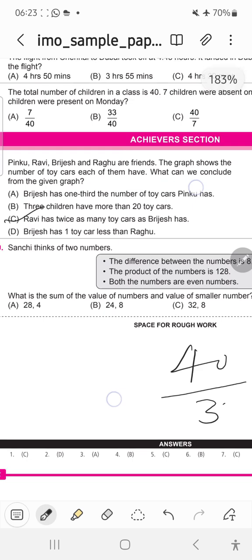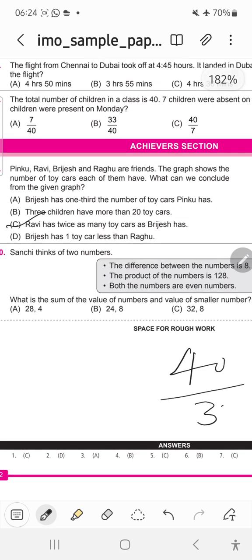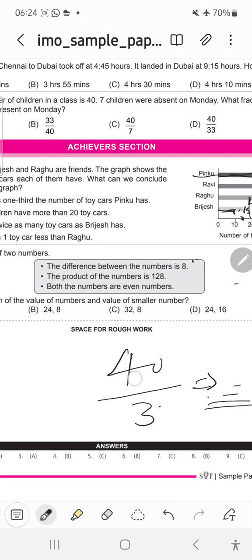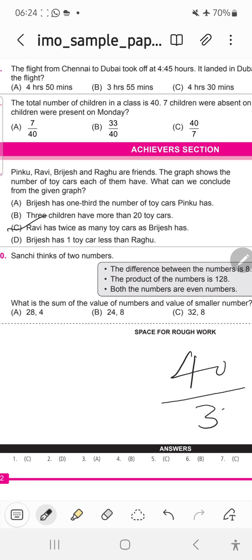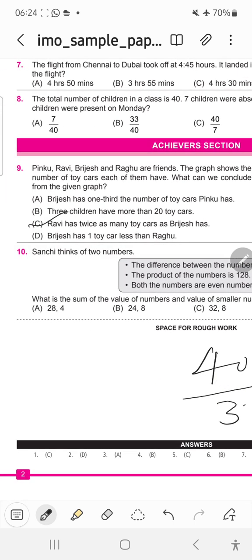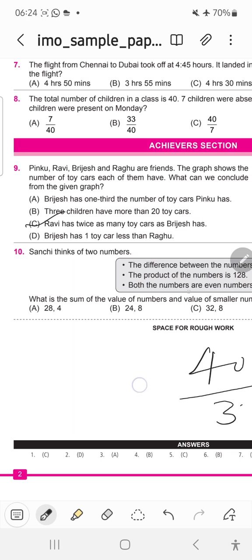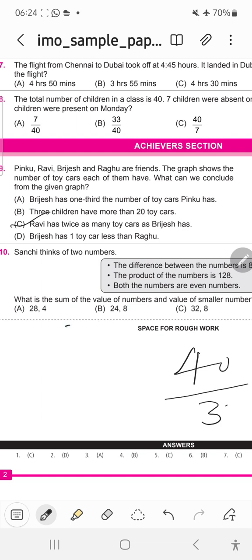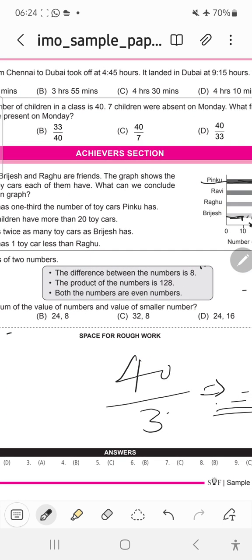So the last question of today: what is the sum of the values of the number and the value of the smaller number? The sum options given are 286, sorry, 210, and 246, 325, 246.